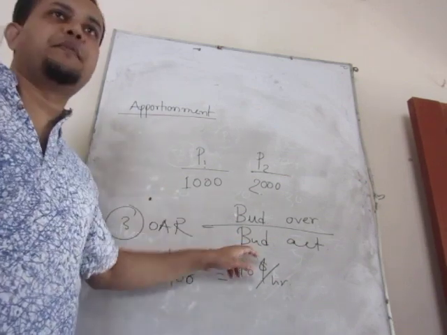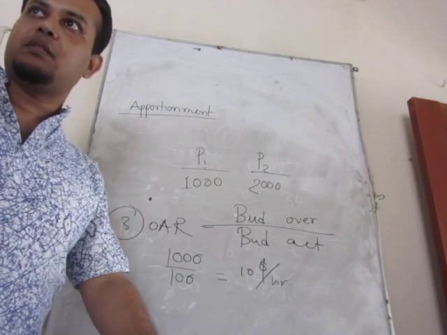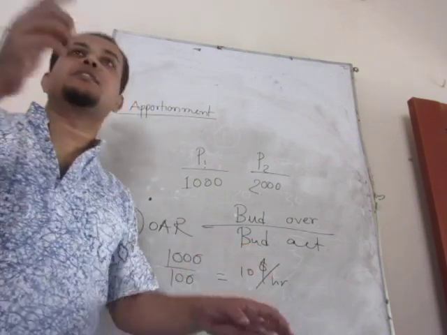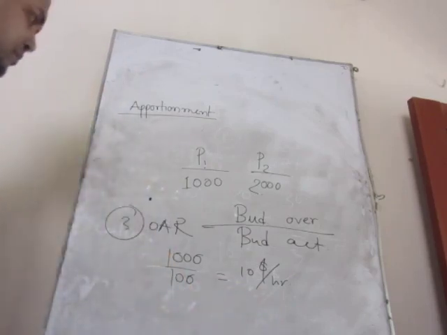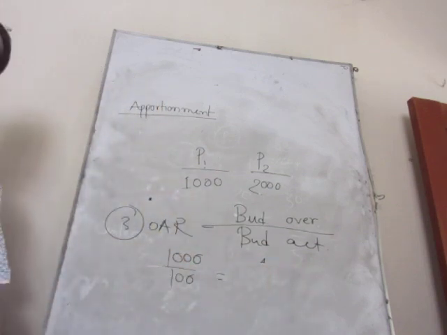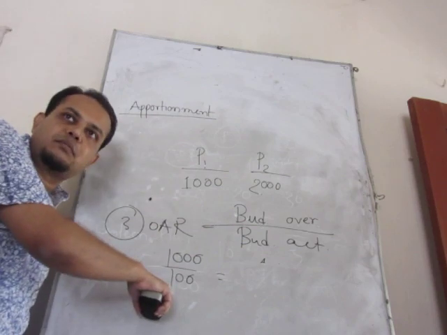So budget activity may be number of units produced, direct labor hour, direct machine hour, or even the percentage of prime cost or prime cost as well. As for example, prime cost, we have already discussed earlier. Prime cost is the sum of all kinds of direct costs. Suppose your prime cost is $100.